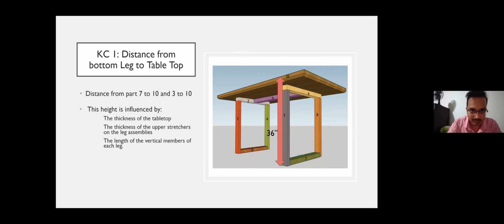And this KC is influenced by 3 different members. The first being the thickness of the tabletop itself. Then the stretcher thicknesses, which we can see here for member 2 and member 6. And finally, the length of the vertical members, which are 1, 4, 5, and 8.